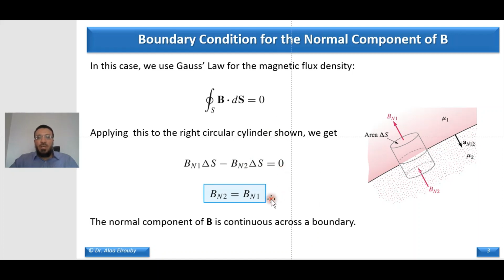From this we can easily conclude that the normal component of field 1 equals the normal component of field 2, which is the continuity of the normal component of magnetic flux density. So B normal 1 equals B normal 2, and this is in all cases.